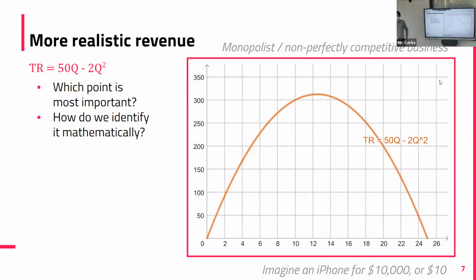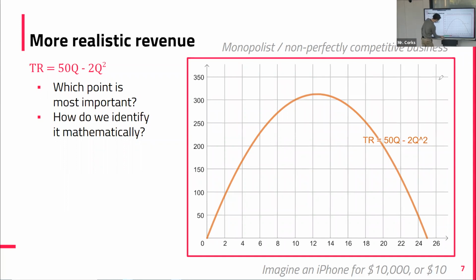Which was the point that we talked about that was the most important on this graph? If you're the person running this business, what point do you care about most?